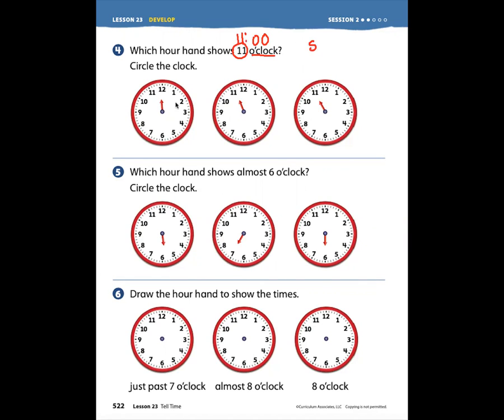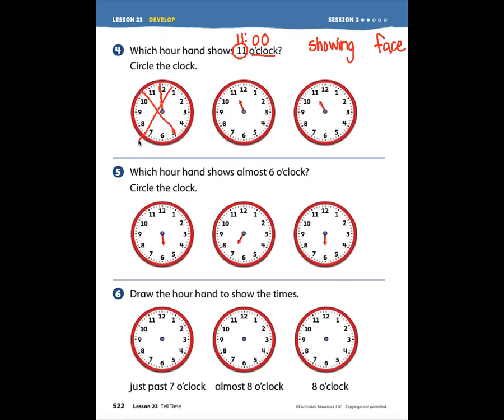We know that these analog clocks are showing the face of the clock. Here it says which hour hand shows 11. Here it is pointing, it looks like it's pointing almost to the 12, but not quite to the 12.